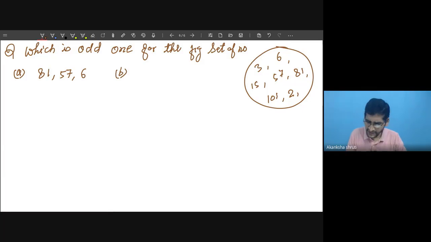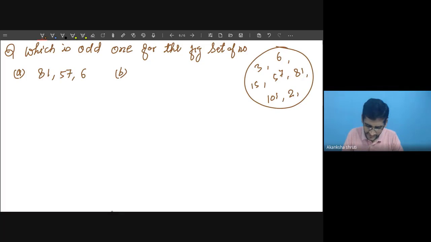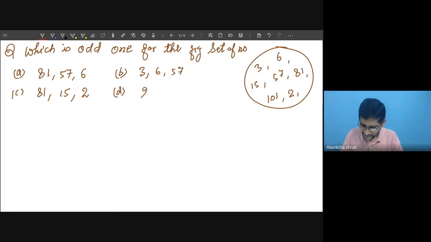In option B, we are getting 3, 6, 57. In option C, the group is given as 81, 15 and 2. In option D, the group framed is 2, 3, 101. So you have to search for the odd group.